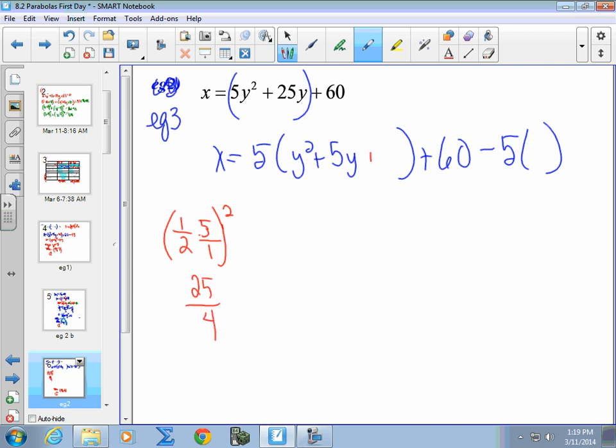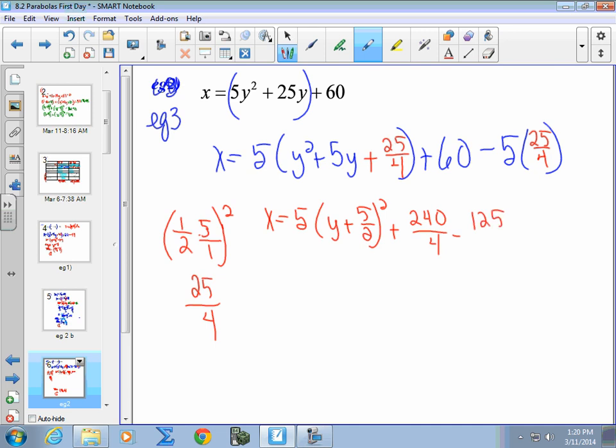So we're going to add 25 fourths. So we have x is equal to 5 times y plus 5 halves squared plus 240 fourths minus 125 fourths. We have x is equal to 5 times y plus 5 halves squared plus 115 fourths.